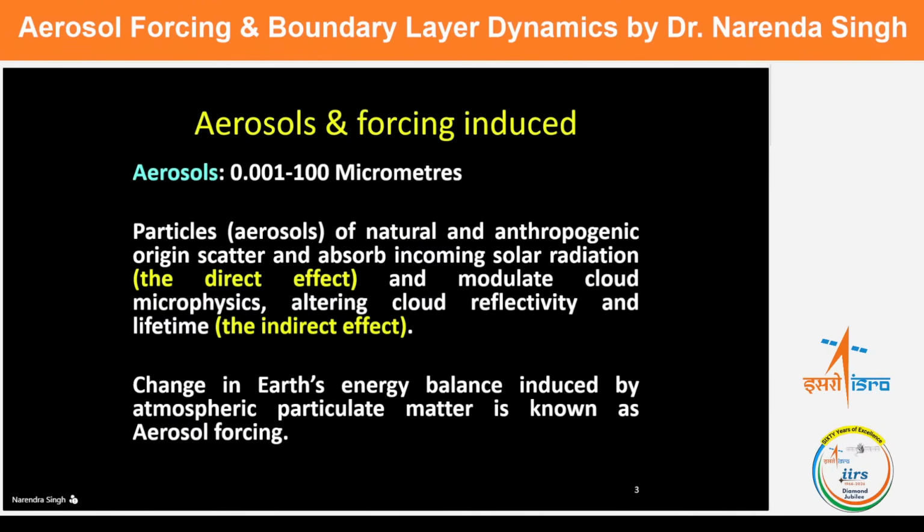Aerosols are of two kinds in terms of their physical properties and how they interact with radiation: they either scatter or absorb the incoming solar radiation. If either species of aerosol absorbs or scatters this incoming solar radiation directly, as it enters the atmosphere and reaches the surface of the earth, we call it the direct effect.